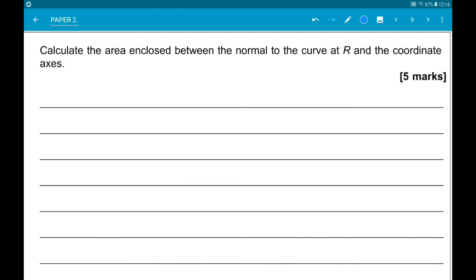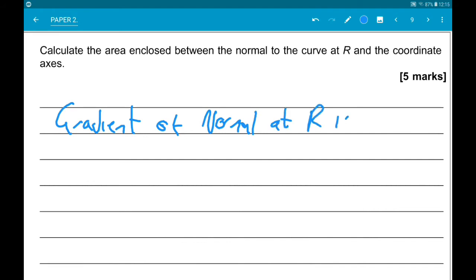Okay, so we don't care about the curve anymore, apart from its gradient at R. So we know the gradient of the curve at R was 8, so the gradient of the normal is going to be minus 1/8.